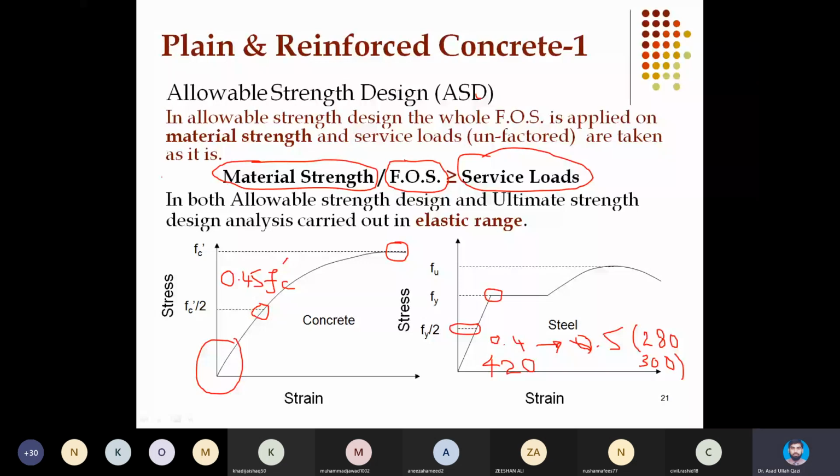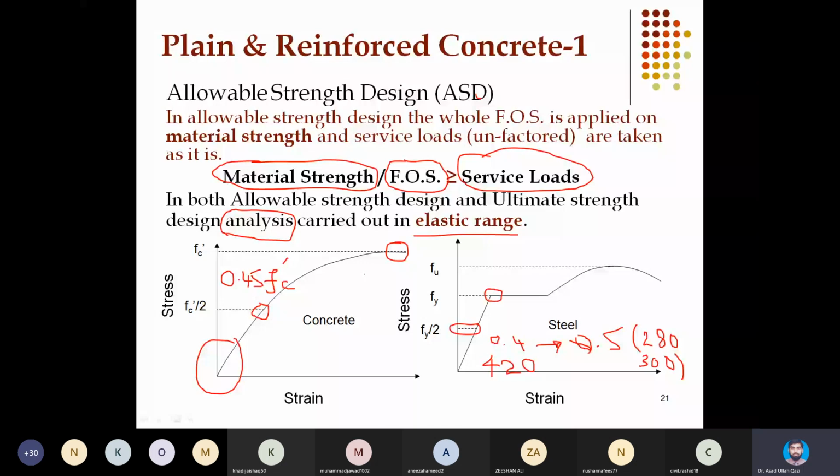In both allowable strength and ultimate strength design, important thing is analysis, whether it is ASD or USD, analysis will be carried out in elastic range. Analysis is not plastic. Analysis is elastic.